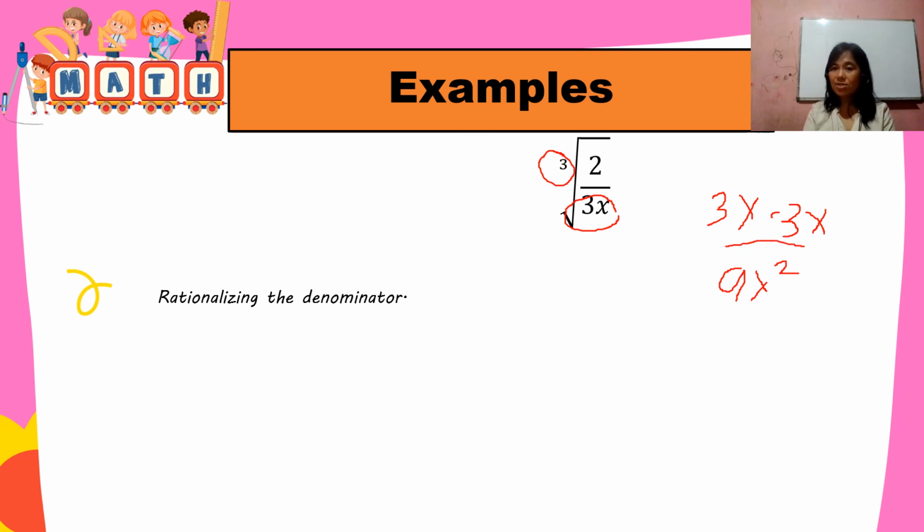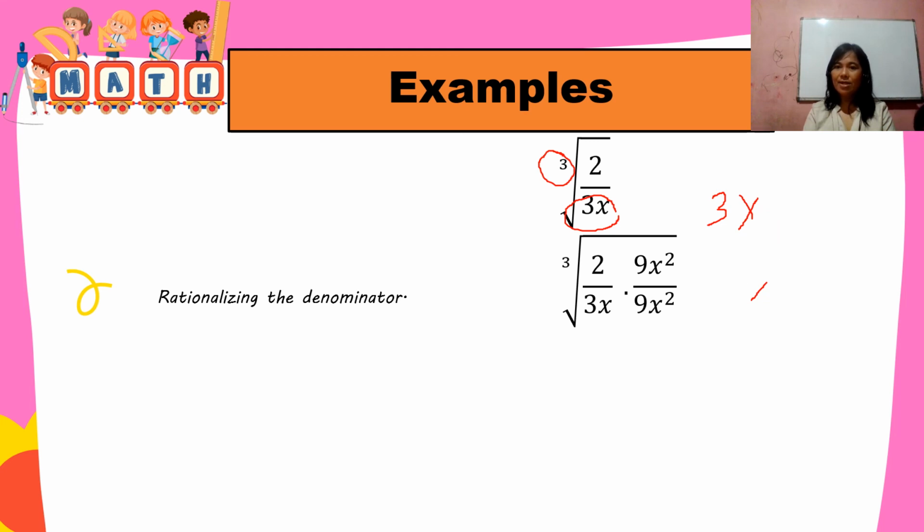Instead, itong sagot mo, siya yung magiging multiplier mo, both numerator and denominator. Okay? So, ito yun. Okay, wait lang. Tanggalin muna natin. Okay, so dyan galing yung 9x squared ha. Okay. Alright, so here. So, eto na.